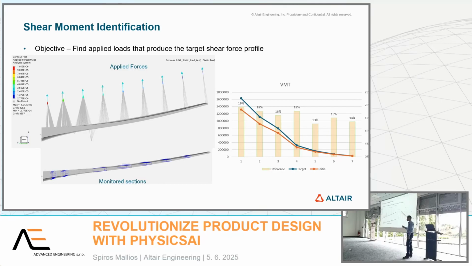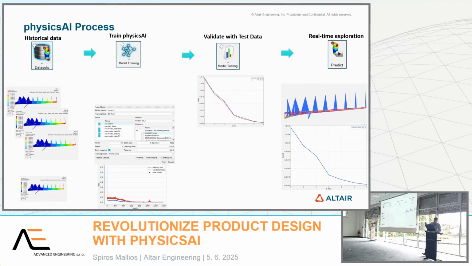So how can we help with PhysicsAI on this application? We basically have the same workflow here. We have lots of simulations with different wing shapes and different wing loadings. So the loadings on the interface nodes are varied.